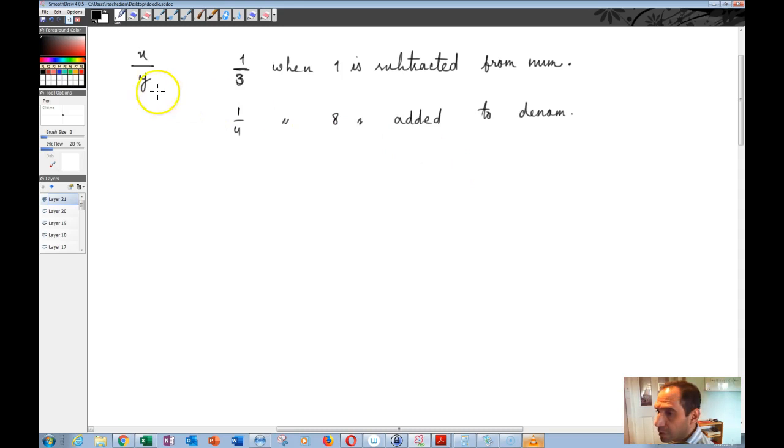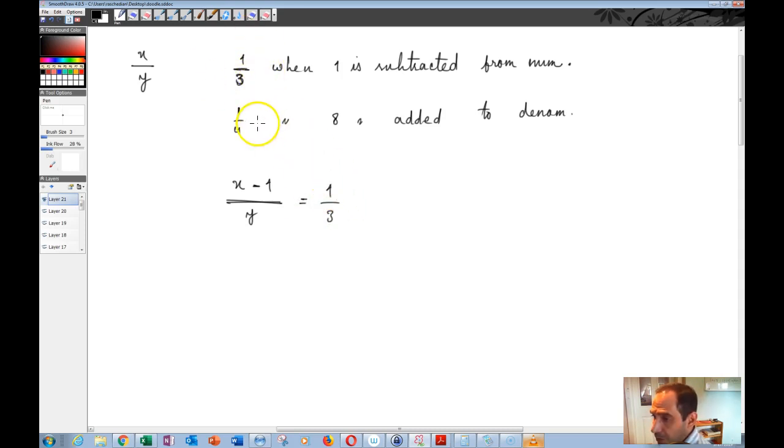Now you want to find this fraction. So if your fraction is in the form x to y, when 1 is subtracted from the numerator, that means x minus 1 over y is equal to 1/3.